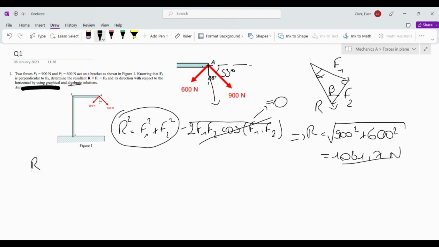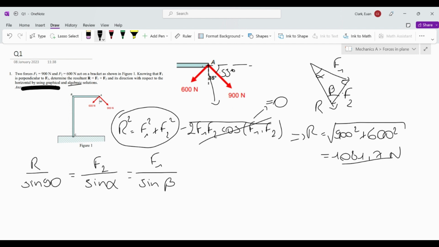That would mean that R divided by sine of 90 degrees is the same as F2 over sine of alpha. F2 is right over here, and the opposite angle is alpha at the top. And that is the same as F1 over sine beta.